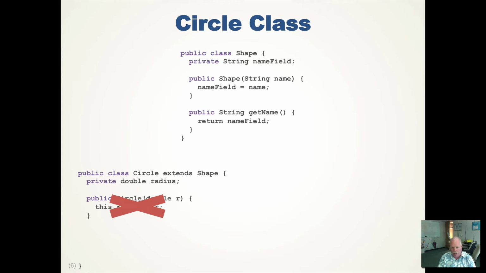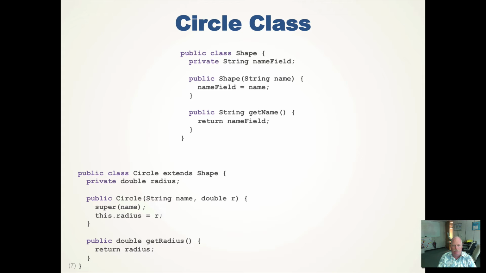We've got to call the parent class's constructor, so we need to call super(name), and now we have to add the name of our circle to our constructor because we need to provide enough information for the base, our parent class, to be able to build whatever it is.